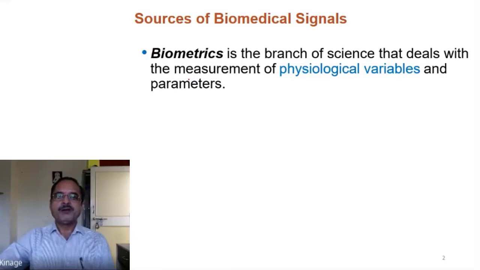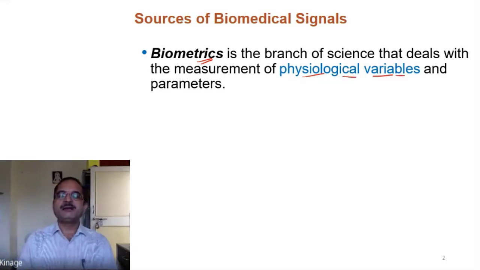Now you might have heard this word biometrics. Biometrics is different from biomedical signals actually. Biometrics is the branch of science that deals with the measurement of physiological variables, like thumbprint or face recognition and so on.